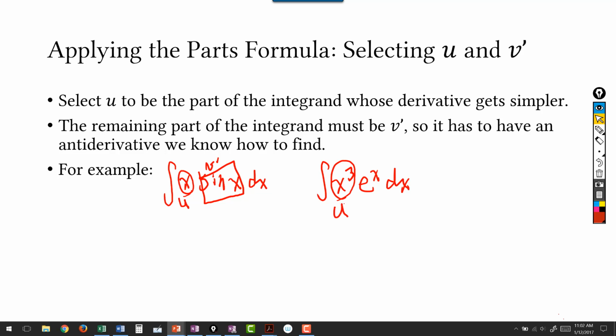And x squared is a little bit simpler than x cubed. So that would be a good choice for u in that case. And that leaves v prime to be my e to the x, and that is something we know how to integrate. The integral of e to the x is just itself. So in these two beginning examples, we see how we might select the u and the v prime to then go ahead and apply the formula.